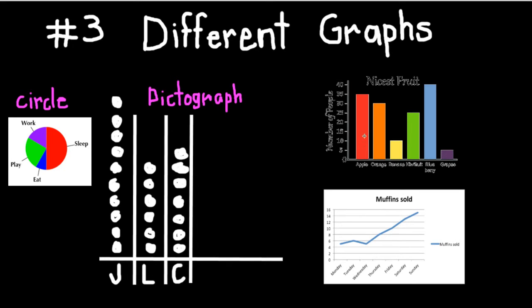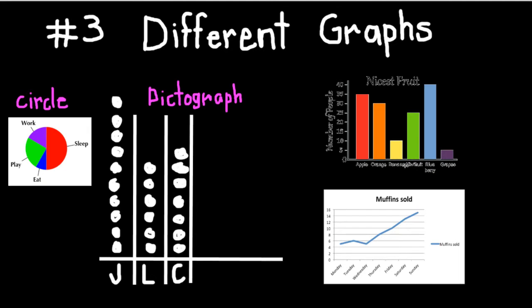So you can see the apple bar, and if you go across, 35 people liked apples. The orange bar, you go up and across, 30 people liked oranges. This is the banana, I believe. It's hard to read. I apologize for that. And that was the kiwi fruit. Across, 25 people like the kiwi.